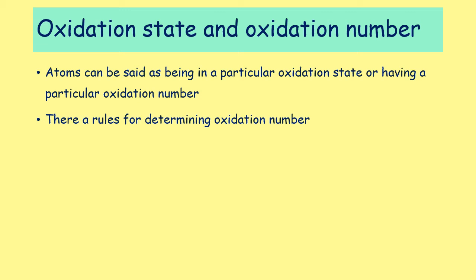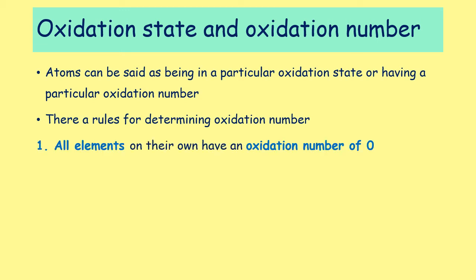And there are rules for determining oxidation number. So the first rule is that if you are an element on your own, you have an oxidation number of 0. So all the transition metals, if they exist just as the pure metal, so for example, if you had iron on its own, or if you had titanium on its own, it would have an oxidation number of 0.